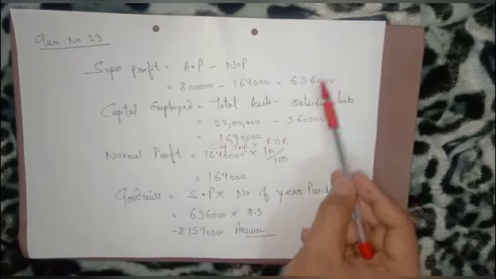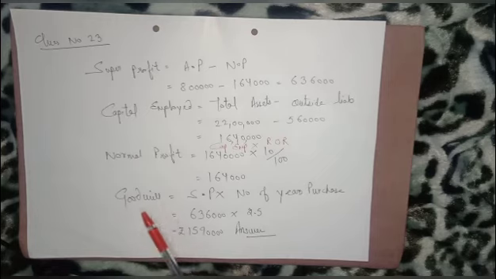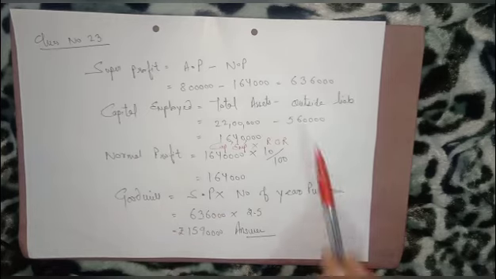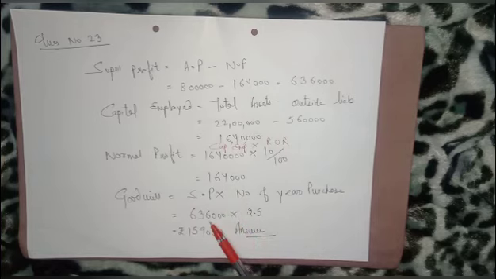Okay, and again the last formula: goodwill is equal to super profit into number of years purchase. Super profit, put the value here 6,36,000, multiply by 2.5 years purchase, 2.5 is given, and we can have the value of the goodwill, that is 15,90,000. So this was your second method, without past adjustment, the super profit method.